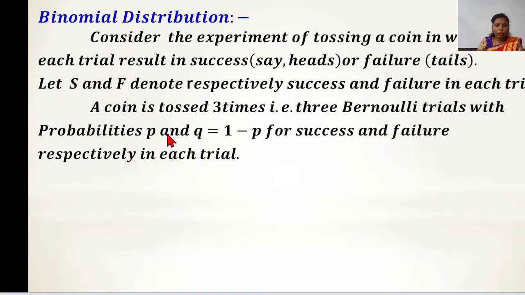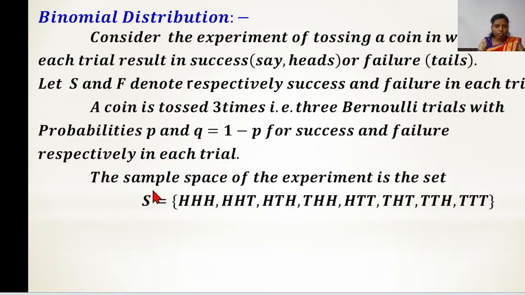A coin is tossed 3 times, that is 3 Bernoulli trials, a finite number of trials, with probabilities P and Q equal to 1 minus P for success and failure respectively in each trial.